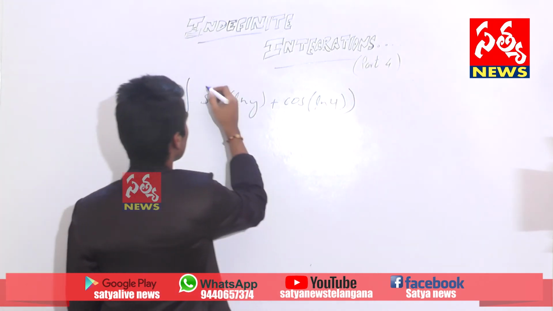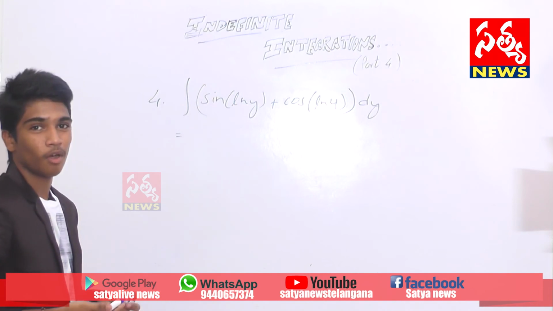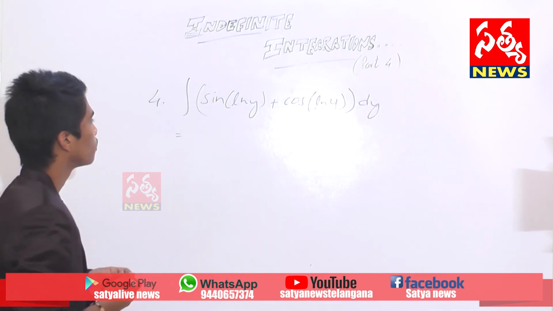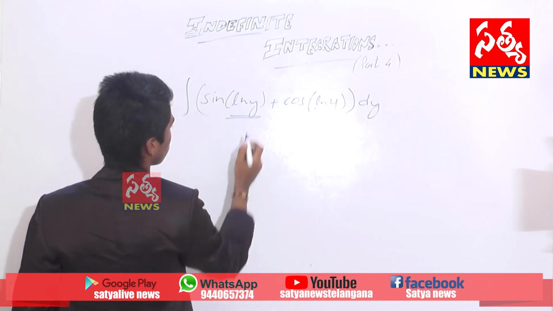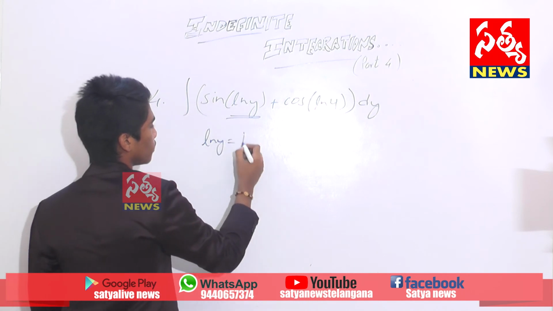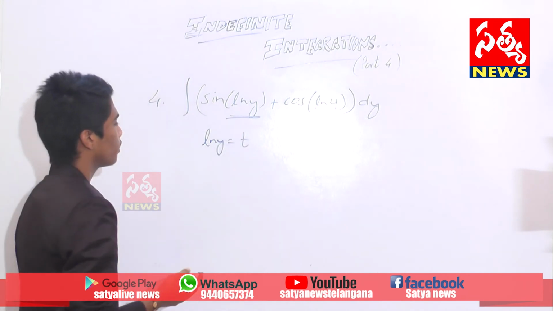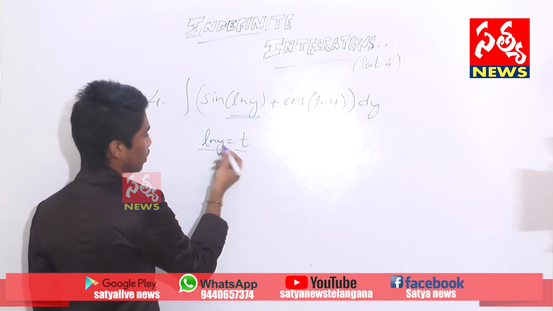First of all, by seeing this, we will not get any idea of how to do this, but here they had given ln y. We should take ln y as a variable t, and what is the inverse of ln?